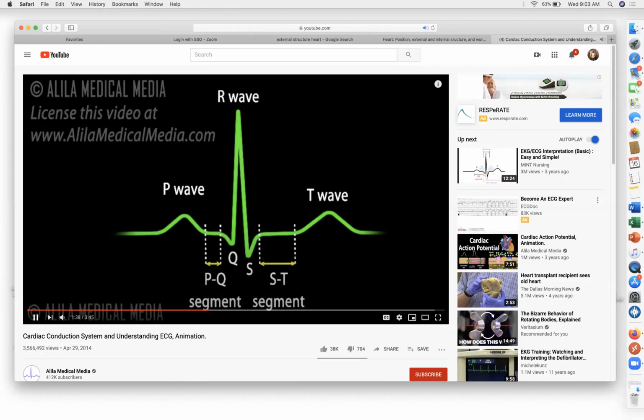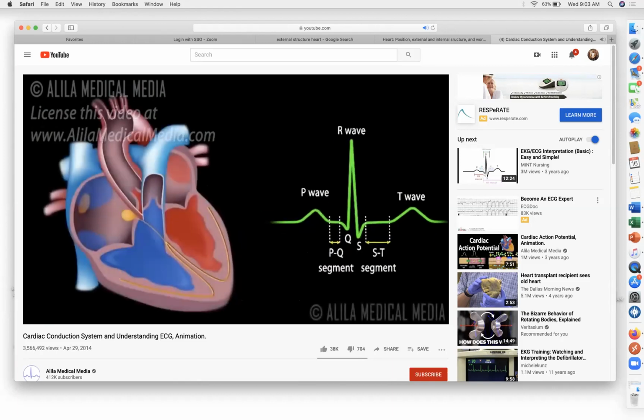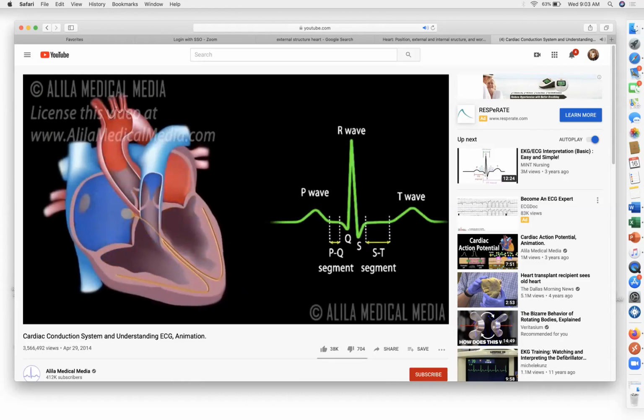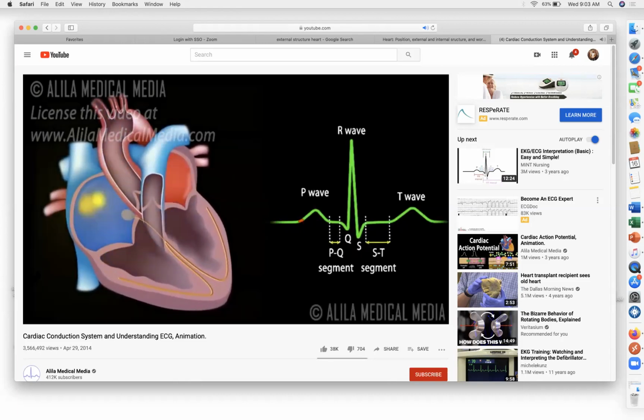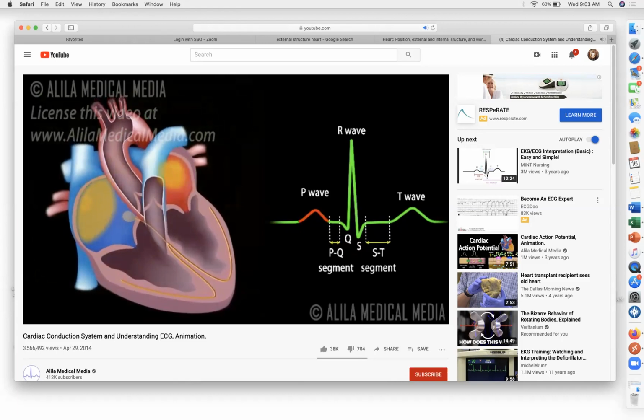Composite recording of all the action potentials produced by the nodes and the cells of the myocardium. Each wave or segment of the ECG corresponds to a certain event of the cardiac electrical cycle. When the atria are full of blood, the SA node fires, electrical signals spread throughout the atria and cause them to depolarize.